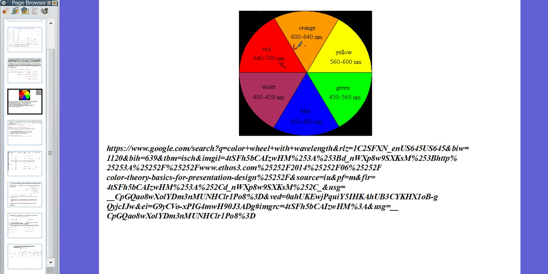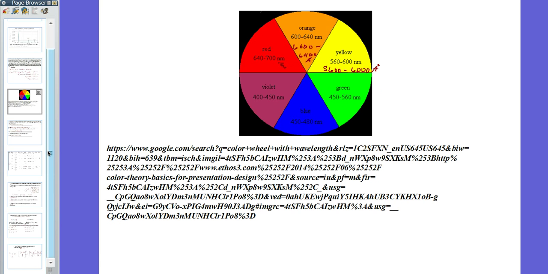So this is 6,000 to 6,400 angstroms, like that. And this is 5,600 to 6,000 angstroms, and so on. So you could get an idea of what color it's going to be, like 6,400 to 7,000 angstroms and stuff like that.